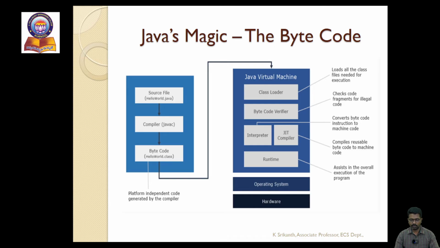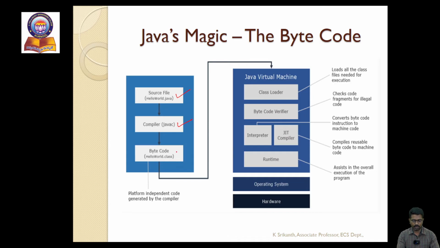Let us see one more diagram which gives a clear picture of the execution of a Java program. Here you can see a source file called helloworld.java, which is a Java program given to the Java compiler, javac.exe.